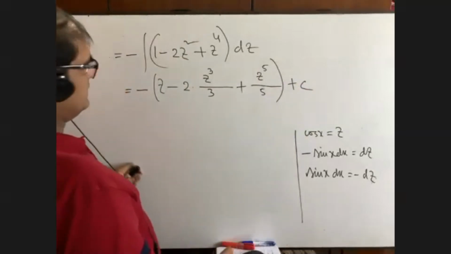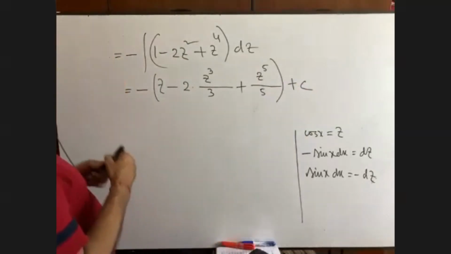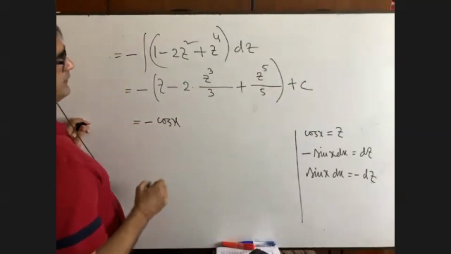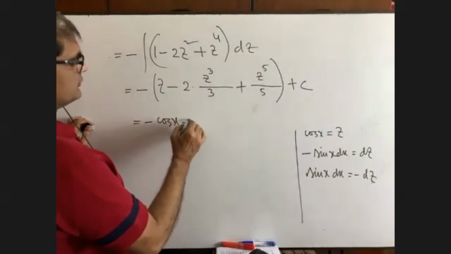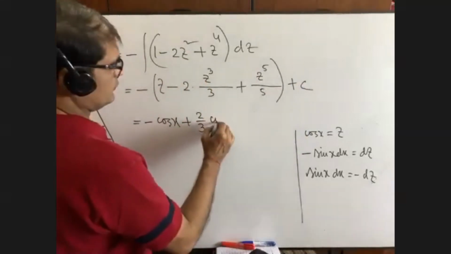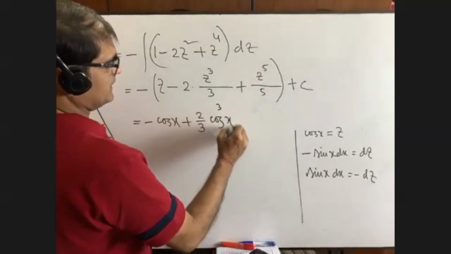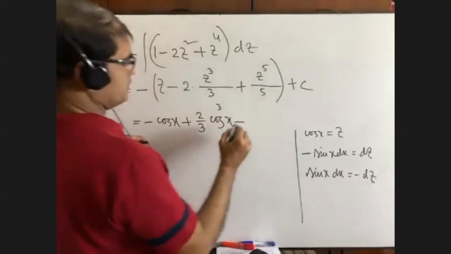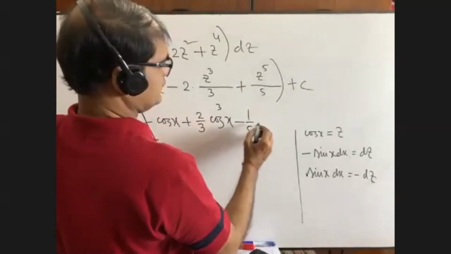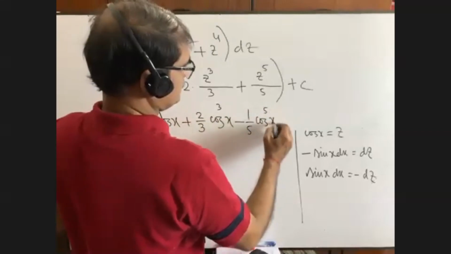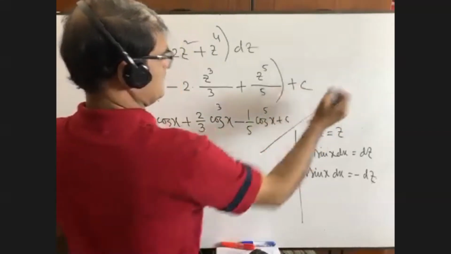Now, what is the value of z? Cosine x. So we can write minus cosine x plus 2 by 3 cosine cube x minus 1 by 5 cosine to the power 5 x, and it is the answer.